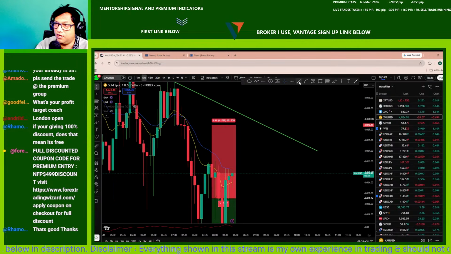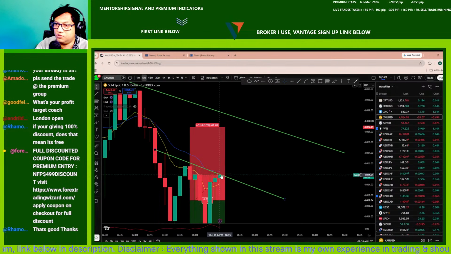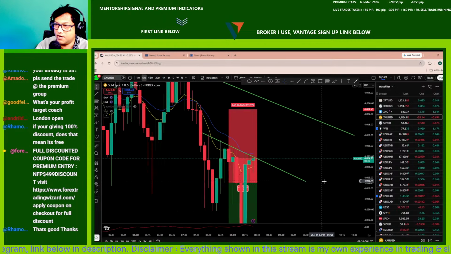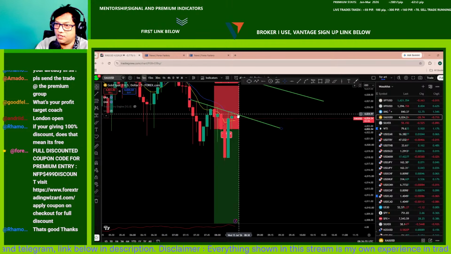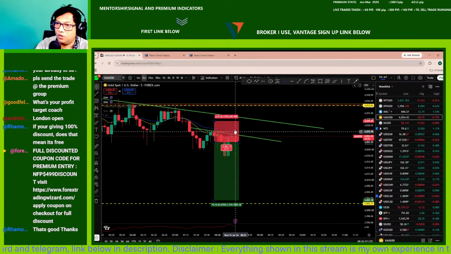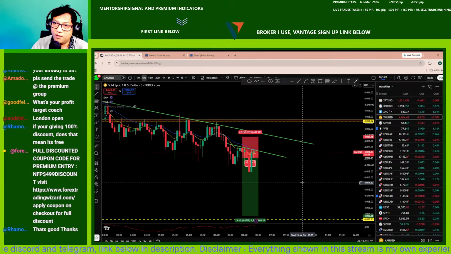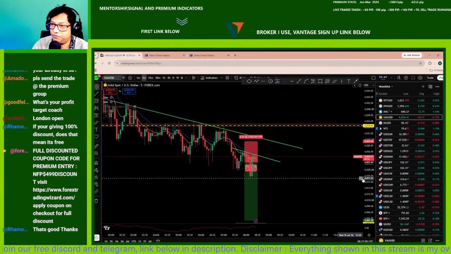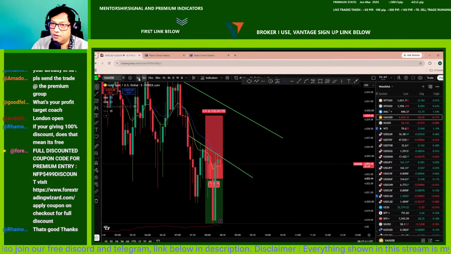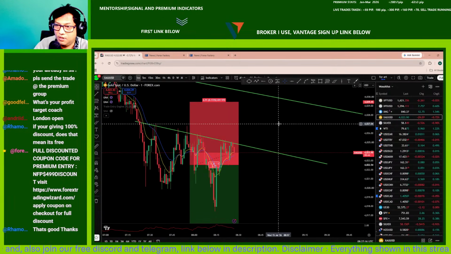Now you can see there is a trend line here at this level, and breaking above that trend line can create, again, a liquidity sweep. And what I think is that it might bring the market straight back if we see a successful break below. However, if it goes up, there is an order block here, then we can look for another entry. But I'm still with the trade that it is most likely to break below.